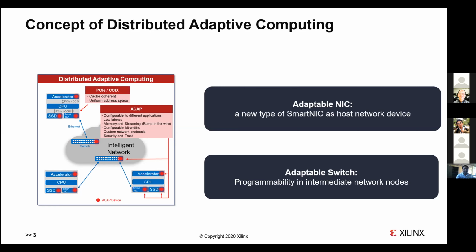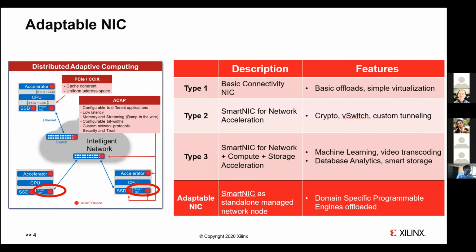And we could also see it as a host network device. And further, we could also push the programmability or the flexibility from the host network to the intermediate network nodes. That is the second thing I would like to talk a little bit about today. We call it adaptable switch. Okay, now let me start from the adaptable NIC.